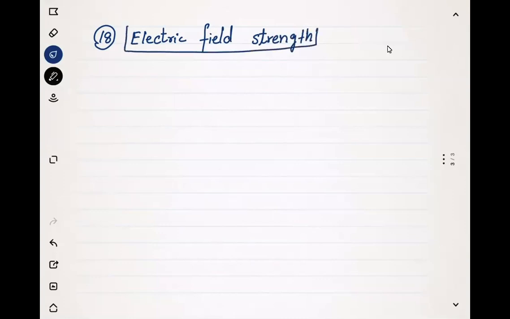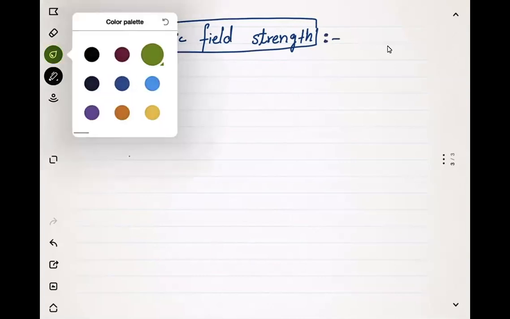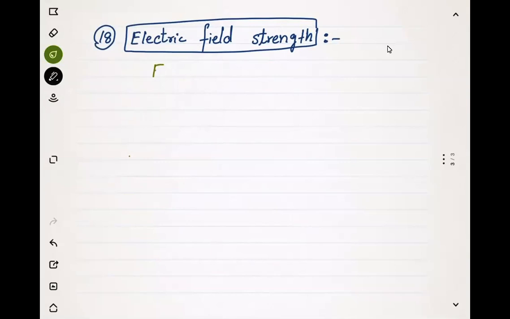Electric field strength is defined as E is equal to F over Q. Finally, it would become E is equal to F, which would be MA, over Q. So electric field strength is basically force per unit charge.